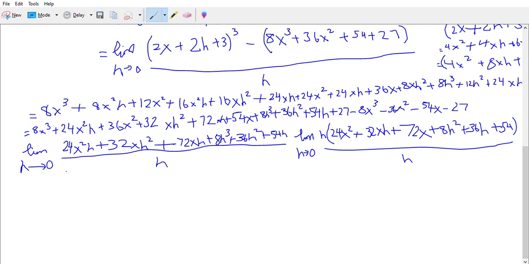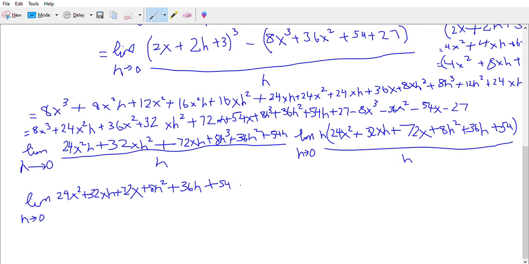Alright, so now all that is left is the limit as h approaches 0 of 24x squared plus 32xh plus 72x plus 8h squared plus 36h plus 54. So that's all that's remaining. There is nothing now in the denominator, unless you technically want to divide it by 1.